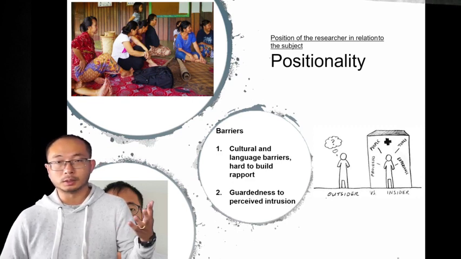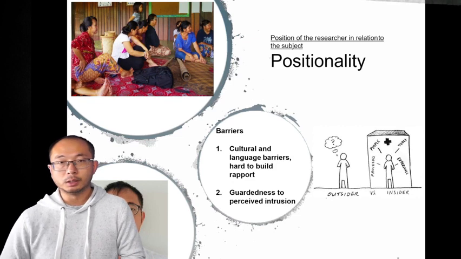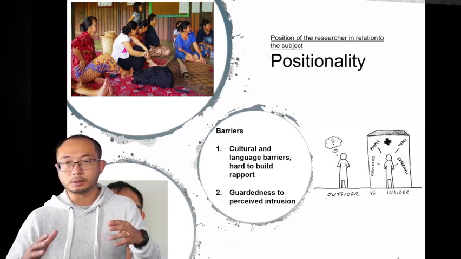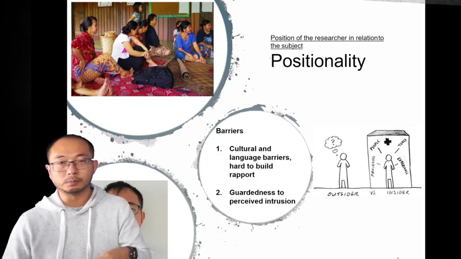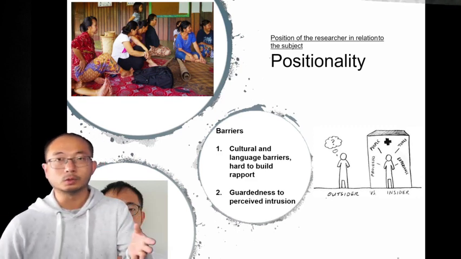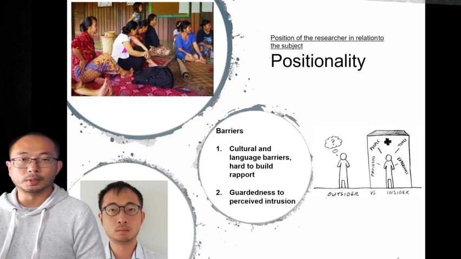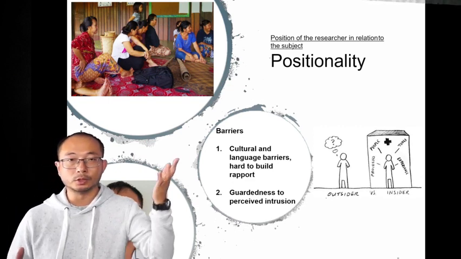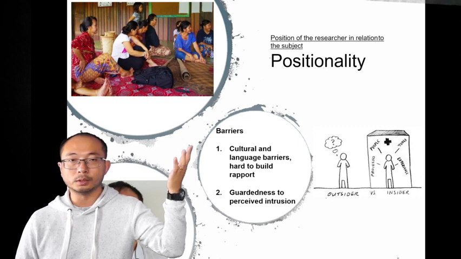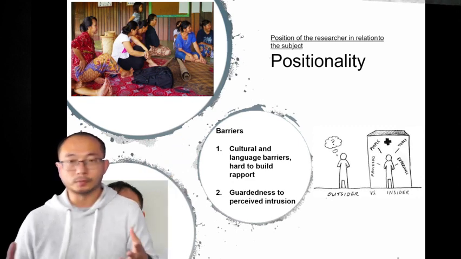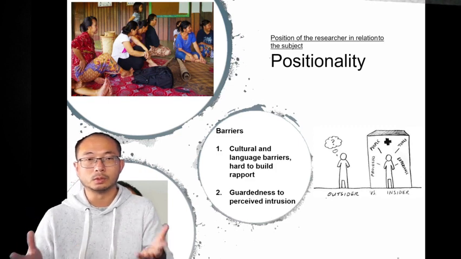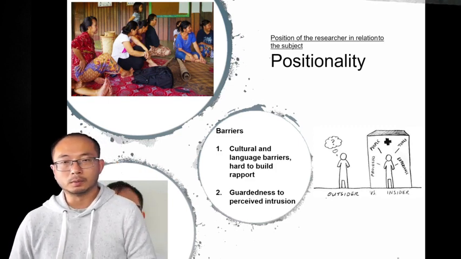So things like cultural and language barriers. If you have these sorts of barriers, it forms a little box around the person because you can't break through to them. It's very hard to build rapport. And anytime you enter an indigenous, very interior type of community where you're not their type of person, you're not from there, there's always this guardedness.